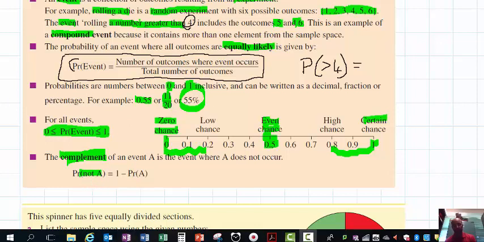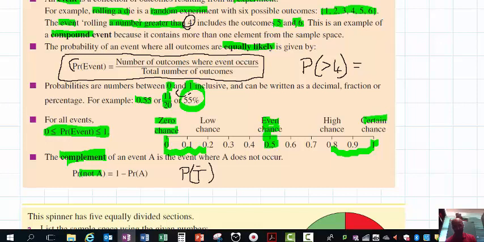So, a very simple example of that might be, we're tossing a coin, and the probability of not tails, which we would put, that would be the probability of a tail.